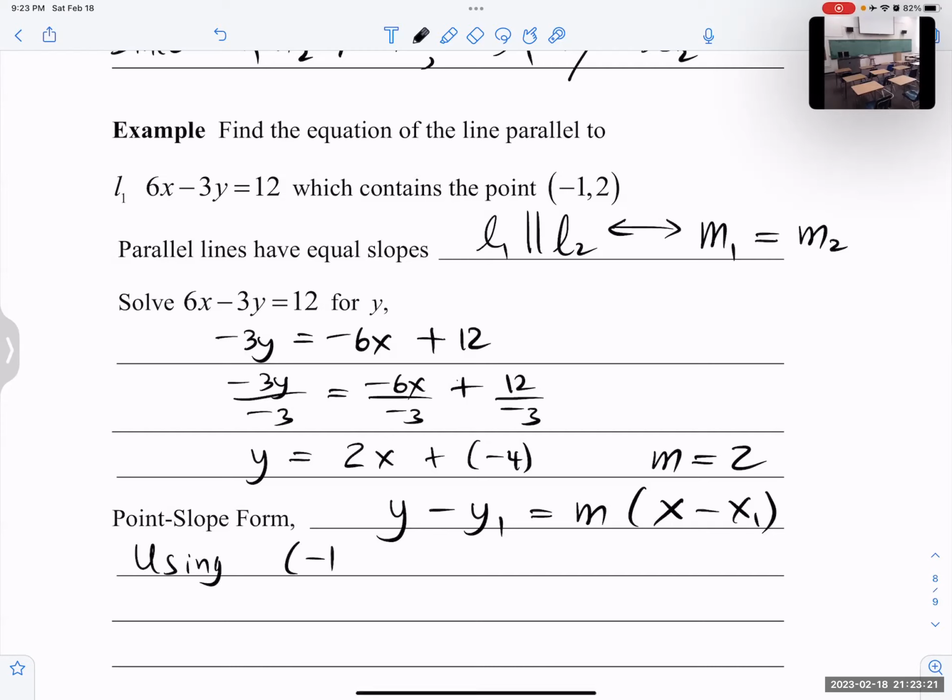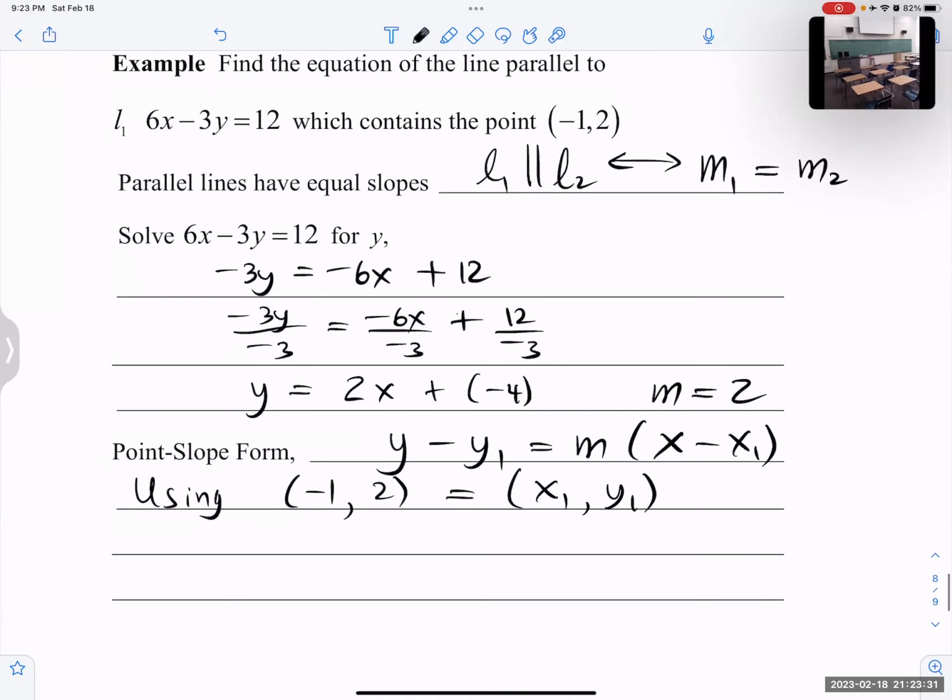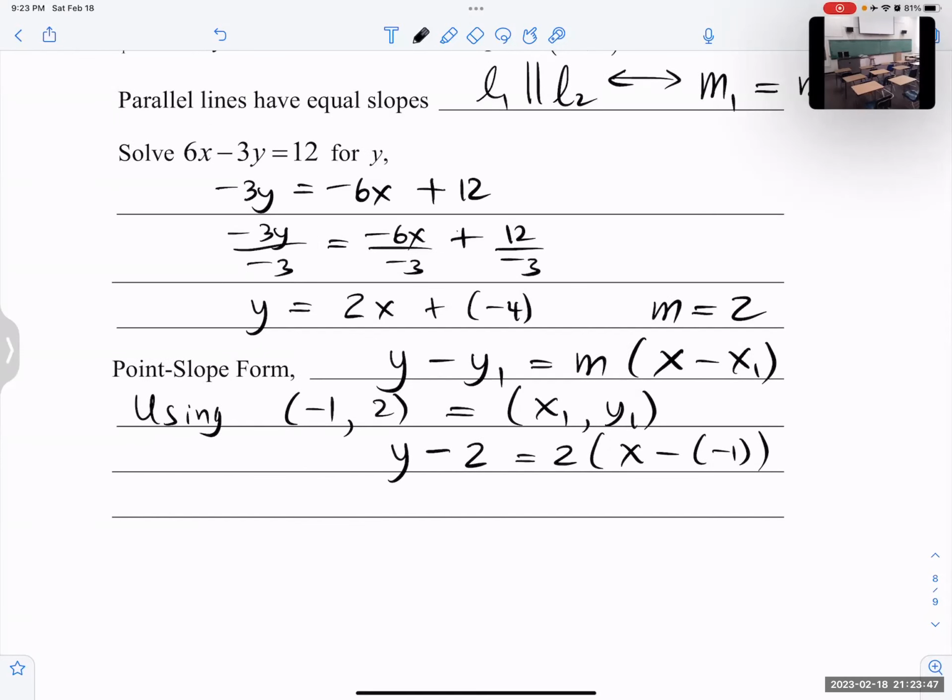Negative 1 is going to be x sub 1, and positive 2 will be y sub 1. And make the substitutions. So we have y minus 2 equals slope of 2 times x minus negative 1. Simplifying just a little bit, y minus 2 equals 2 times x plus 1. So that's the equation in point slope form.